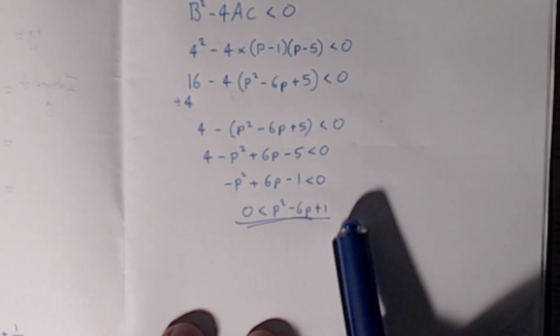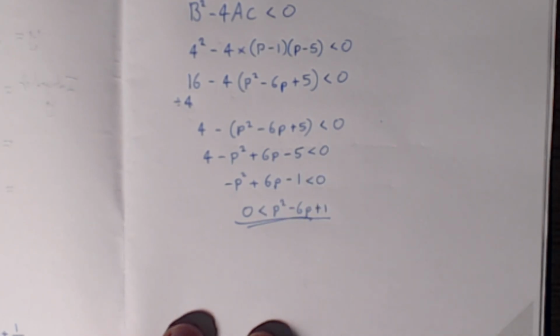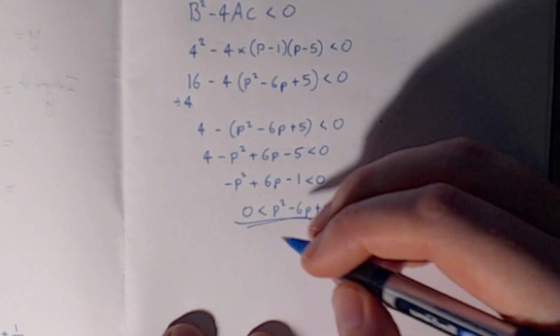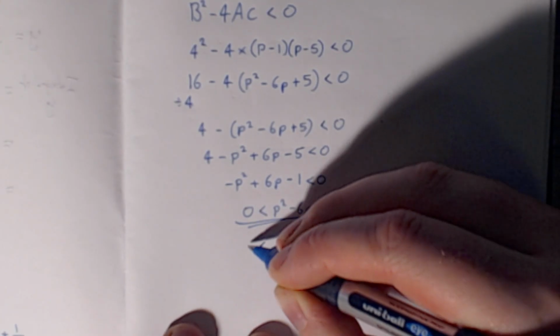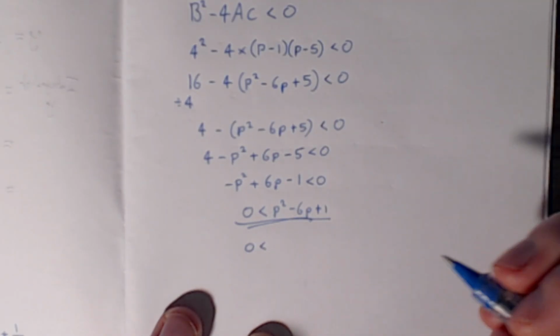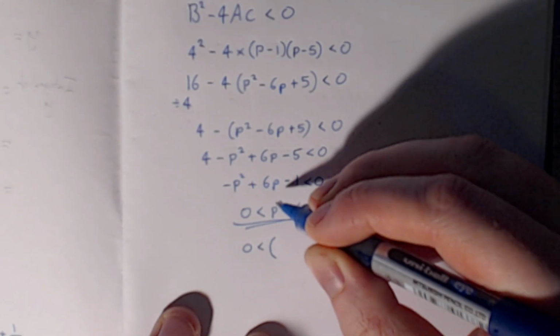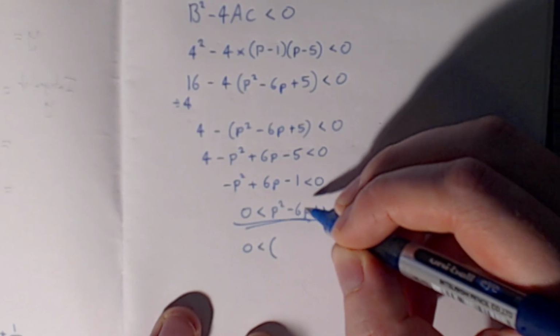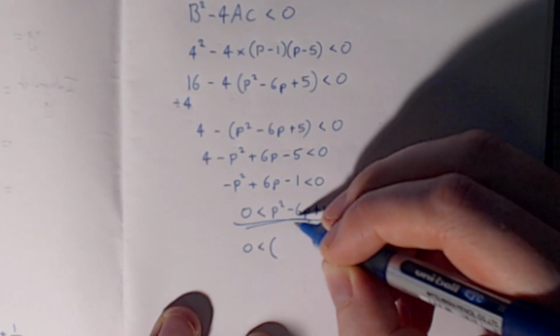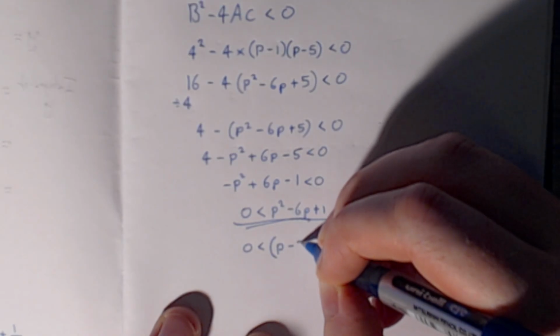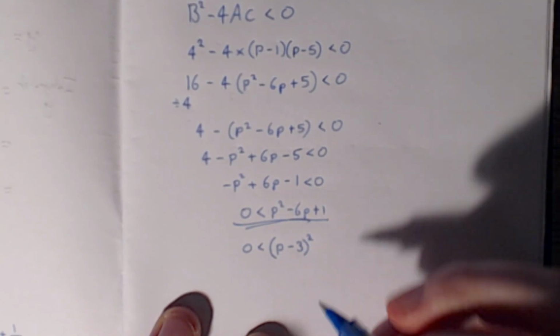But we could also look at it as a completing the square. So we can take this expression and try to complete the square on it. Remember, when we're completing the square, we take this p squared take 6p. We're going to half the negative 6 and put that in a bracket. So (p take 3) squared.